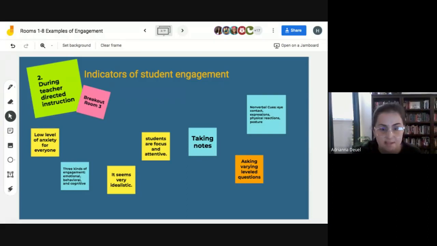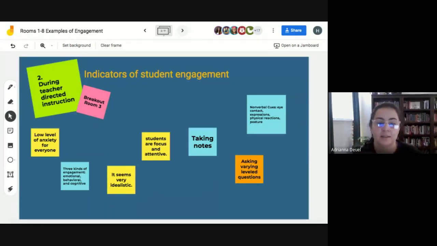One of the things someone in my group put, on one of the yellow sticky notes, says it seems very idealistic. I appreciated that note because as a new teacher, I always felt guilty if my lesson wasn't super fun and engaging and kids weren't having fun. It's a tricky line, because yes, we want to be engaging, but not every single thing we do has to be fun, quote unquote.